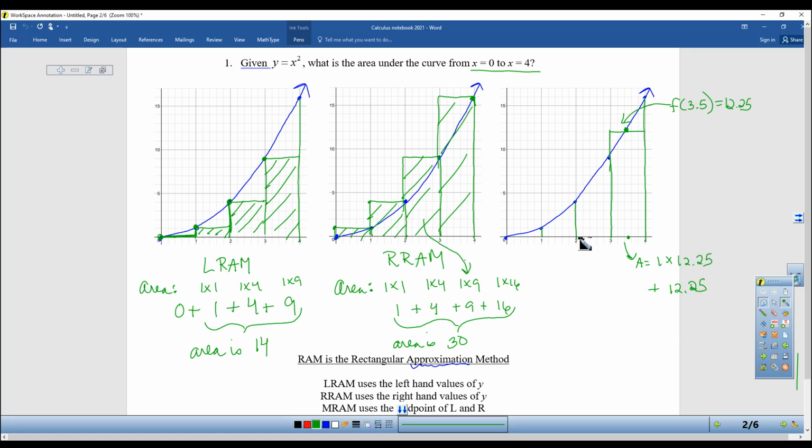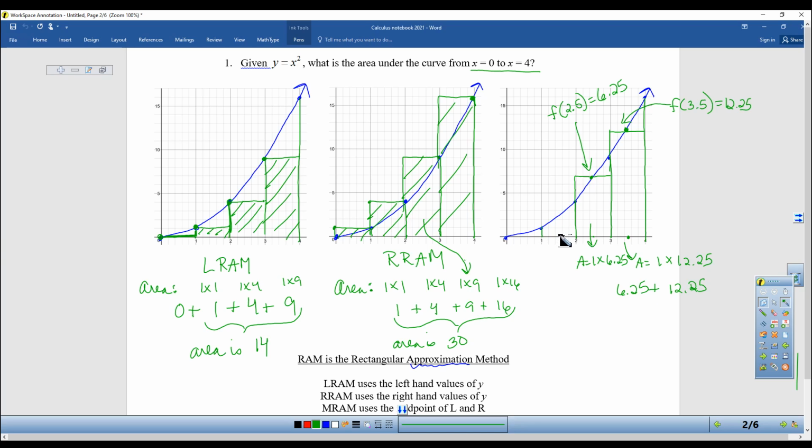Okay, for this one, I'm going to go over to 2.5, and I'm not going to make a new line. I'm just marking the center so that I can determine how high I want my rectangle to be. So that point right there is the function at 2.5. And 2.5 times 2.5 is 6.25. So this area is 1 by 6.25.